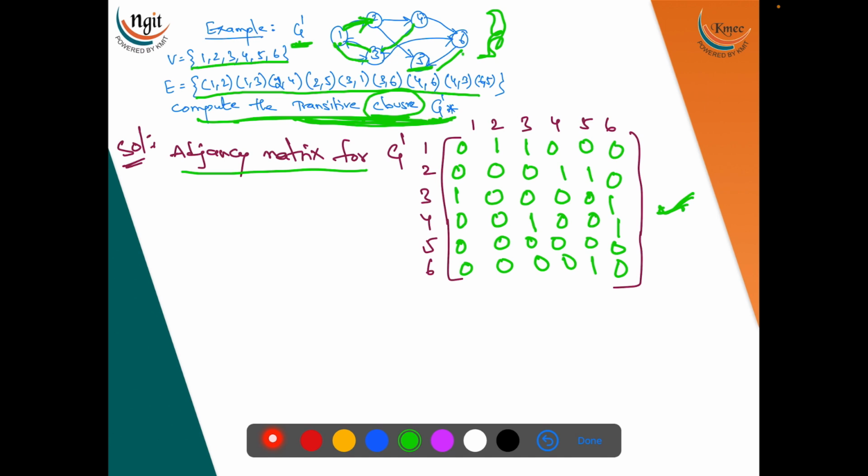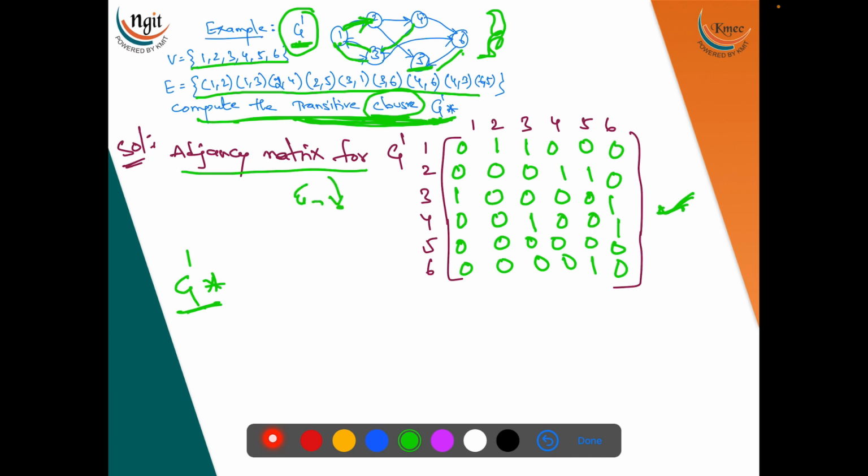So to get the G dash star graph, what do we mean by G dash star? It is also a directed graph that belongs to this G dash, where the vertices are the same, but the edges follow the reachability from one vertex to another.